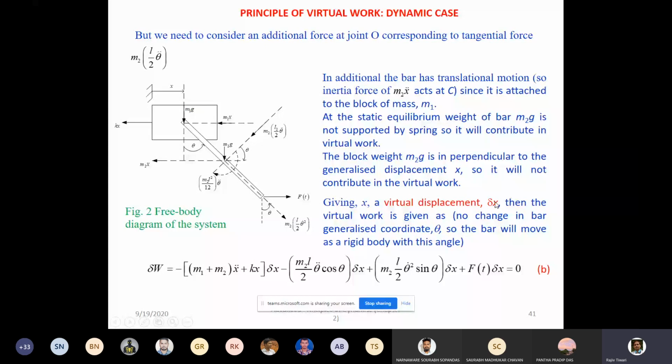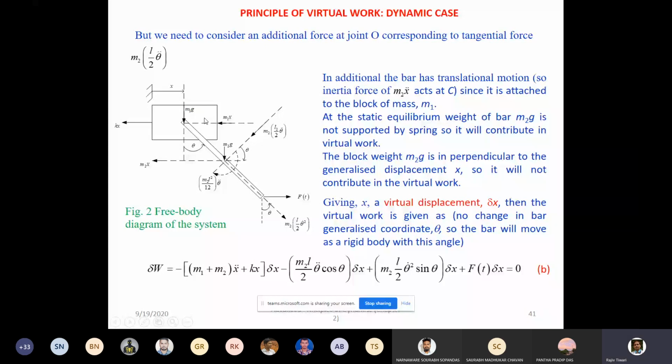This car pendulum is also attached with the mass, so it will also be moving as a rigid body along with the car. When we give delta x to the car, the pendulum as it is will move along the horizontal direction in this particular configuration.